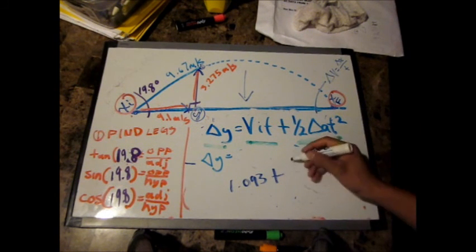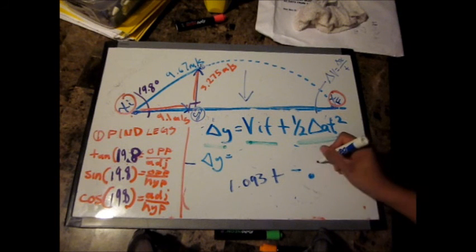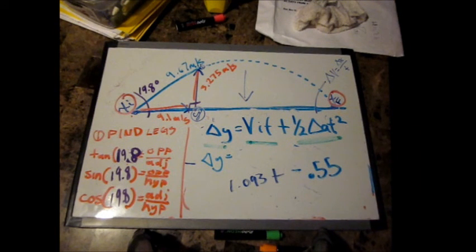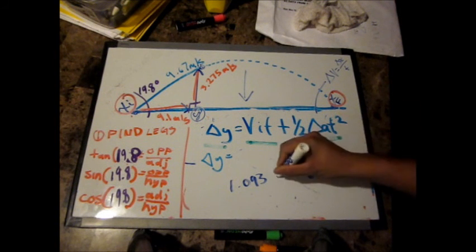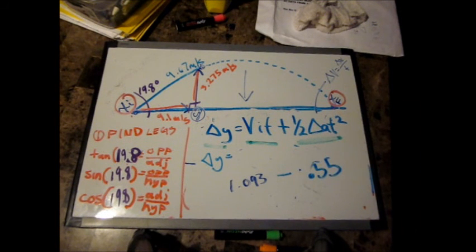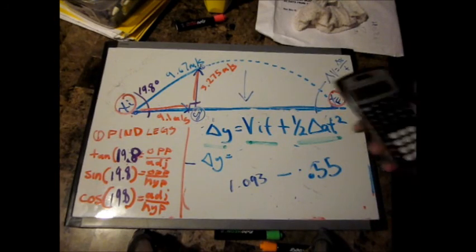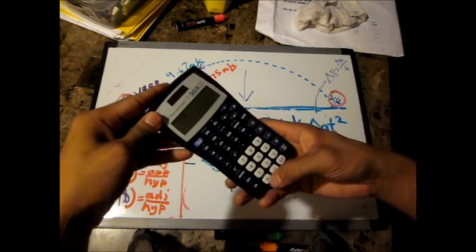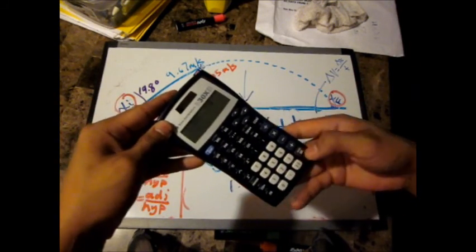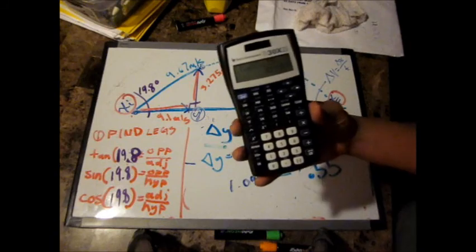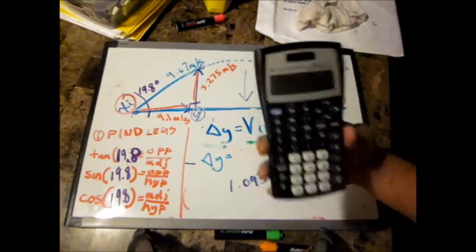So now we're condensing. Negative 0.55. If you add a negative, it's the same thing as subtracting. So let's subtract that. 1.093 minus 0.55, and we get a total of 0.543 meters.